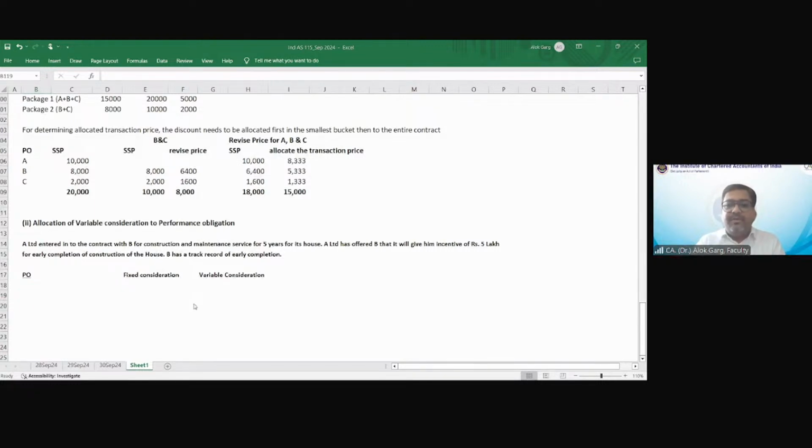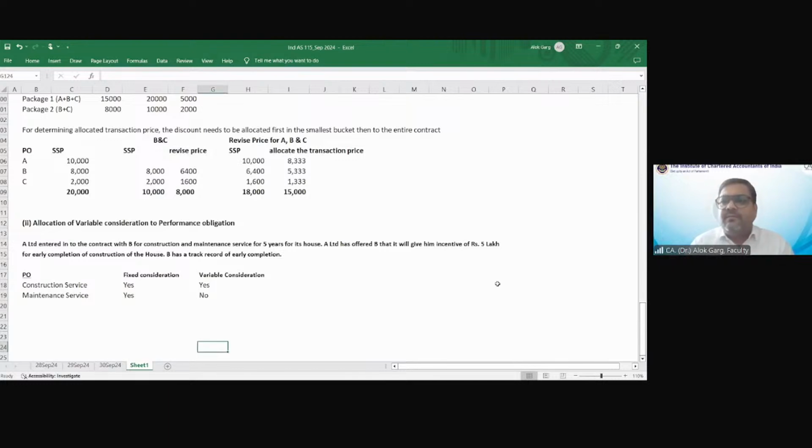There are two: construction service and maintenance service. Fixed consideration is there for construction, yes. For maintenance, yes. Variable consideration is for construction, yes. For maintenance, no. This is how it has to happen.